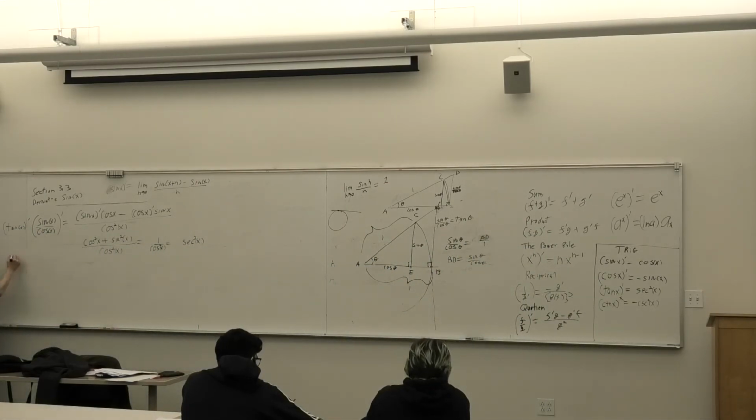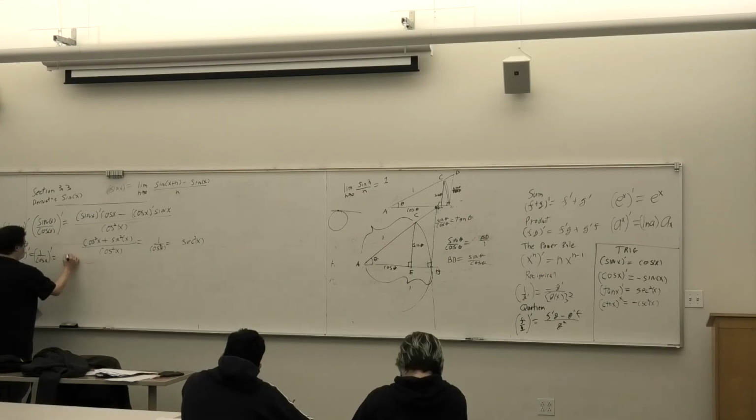And that leaves us with, what is the derivative of the secant of x? Well, that's 1 over the cosine of x. So we can use the reciprocal rule. So that's negative derivative of the cosine of x, which is the sine of x, over cosine squared of x, which we usually write this way.